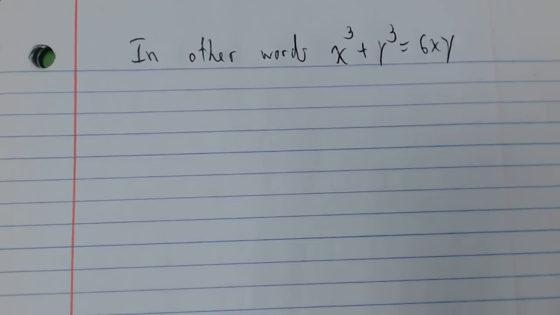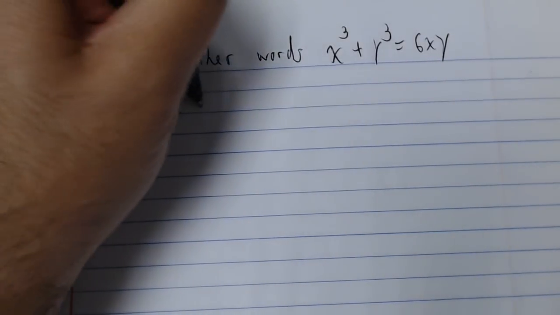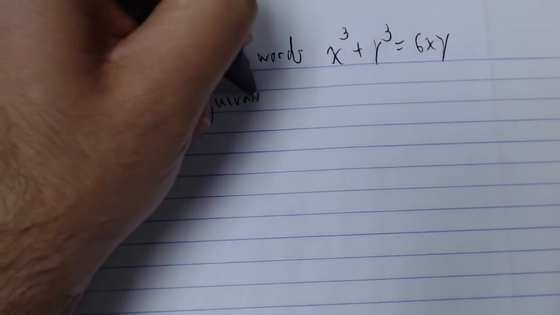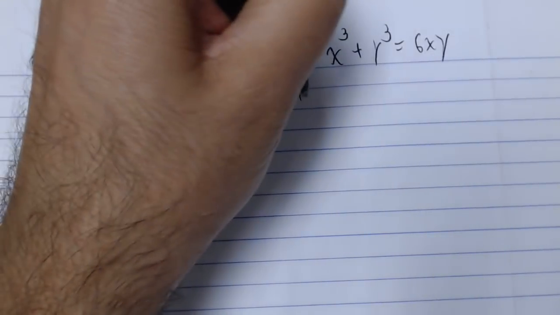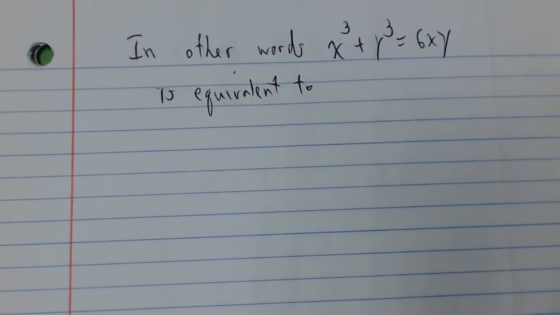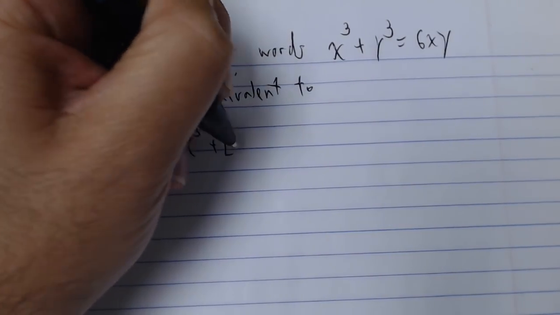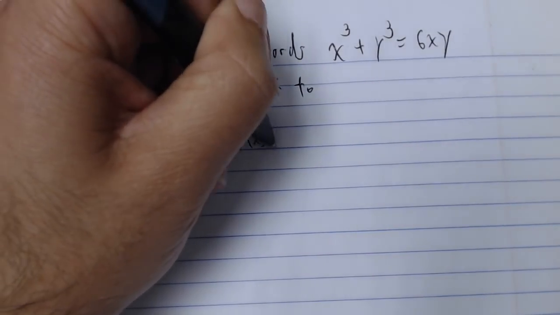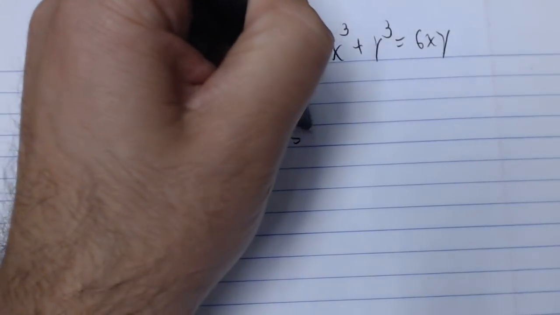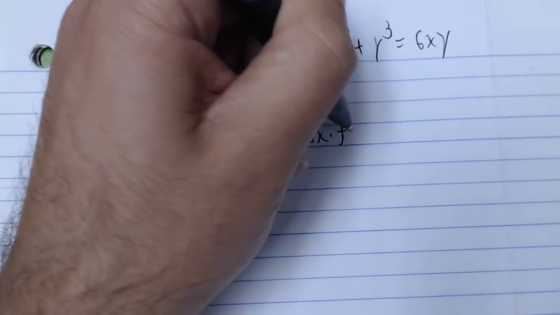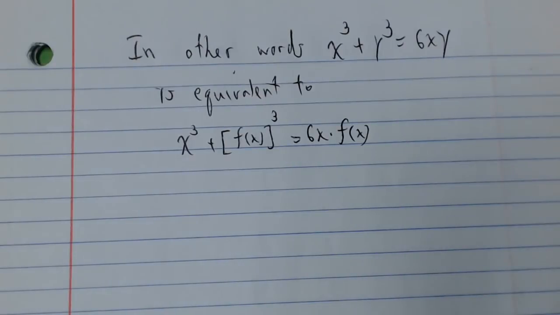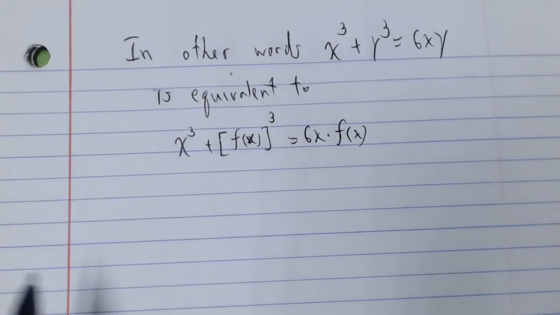This is equivalent to the following: x cubed plus f of x cubed equals 6x times f of x.